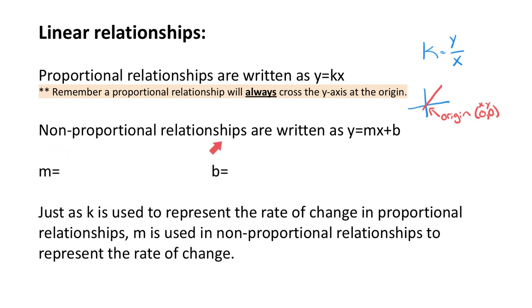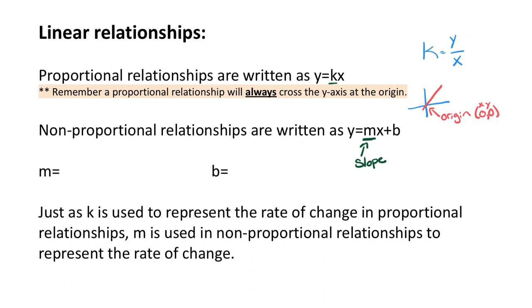Non-proportional relationships now are written as y equals mx plus b, where m is the slope. So where it was k in a proportional relationship, we're just going to call that m in a non-proportional relationship. That still means the same thing.